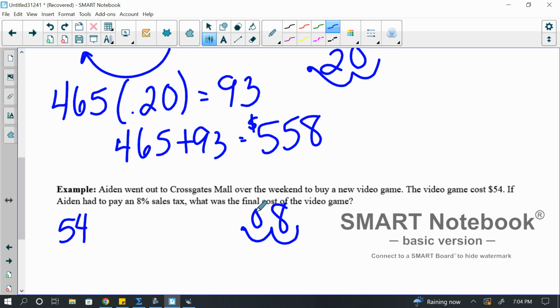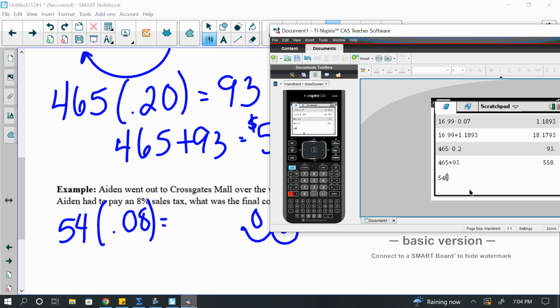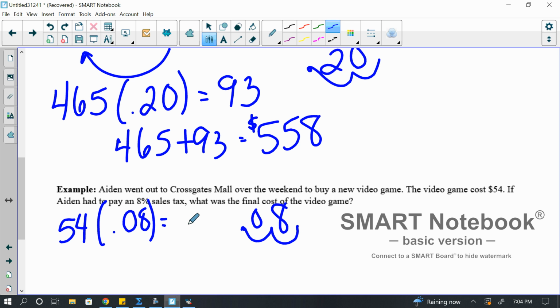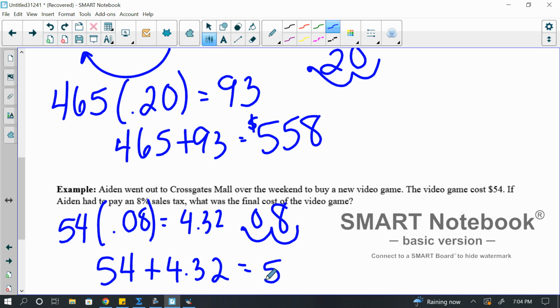So you're going to do $54 times that 0.08. And that gives me 4.32. So again, you spend $54 on the video game plus the sales tax, and that's going to equal $58.32.